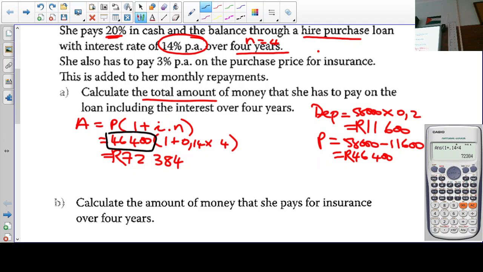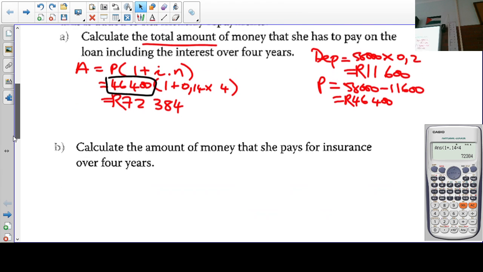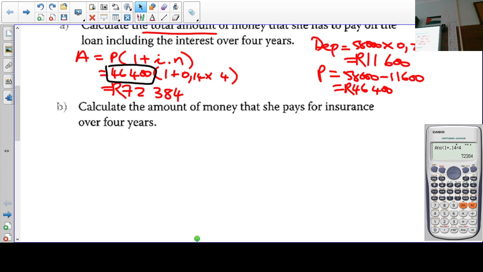Okay, you guys understand? Then in question B, we are told calculate the amount of money that she pays for insurance over 4 years. So the insurance is what? How do you calculate insurance? Insurance is 3% of the cash price.